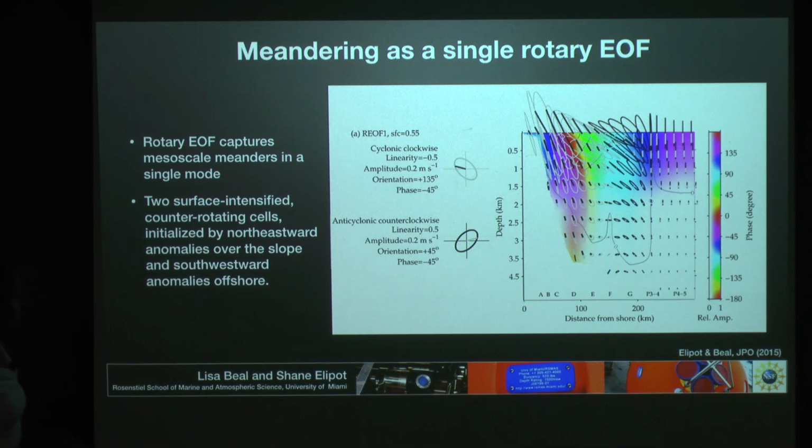So you can see a phase change from about the mid-jet on and offshore over time. And what's happening is that there's basically a cyclonic rotation in the gray, clockwise rotation on the inshore side of the jet over time, and an anti-clockwise rotation of the current vectors over time on the offshore side of the jet as the meander comes through the array.